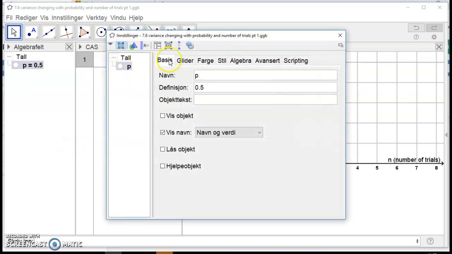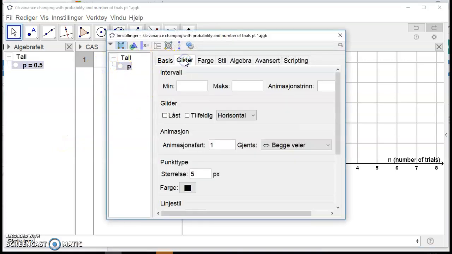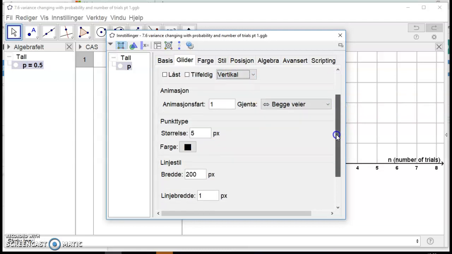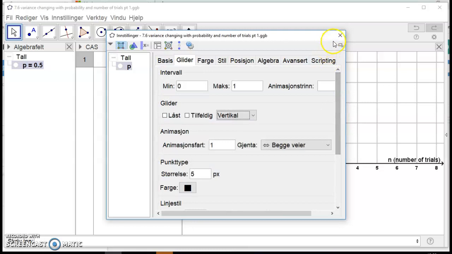So I'm going to set up a glider. And we know that probability can go from 0 to 1, right? Let's make this glider vertical. I think that seems natural. Yeah, and that's fine, I guess.